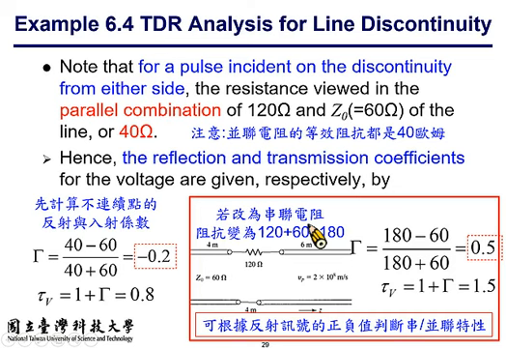On the other hand, because of the series configuration, the effective impedance looking at this position is greater than 60 ohm.